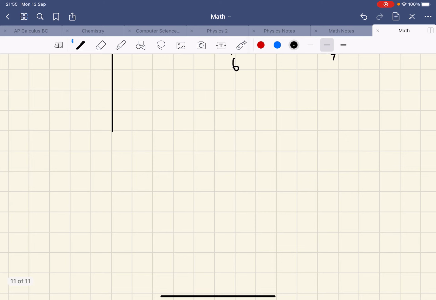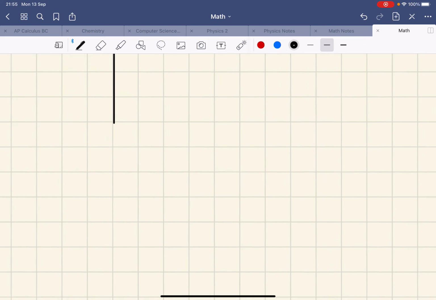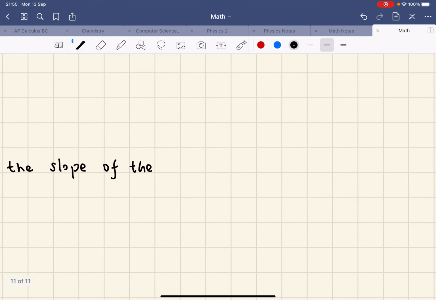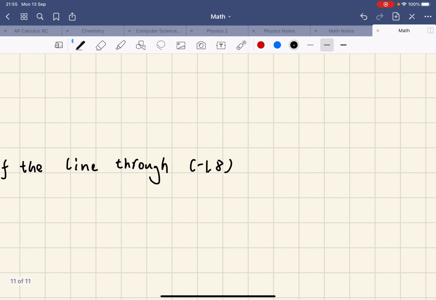So let's do another type of question. This one is a simple calculation question. What is the slope of the line through (-1, 8) and (3, -4)?